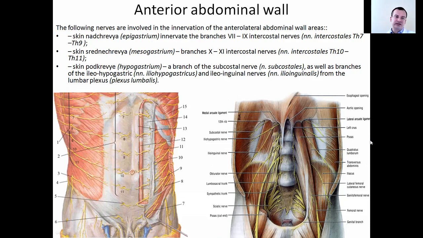Skin of the mesogastrium, branches from the 10th to 11th intercostal nerves. Skin of the hypogastrium, branches of the subcostal nerve, nervus subcostalis, as well as branches of the iliohypogastric and ilioinguinal nerves from the lumbar plexus.